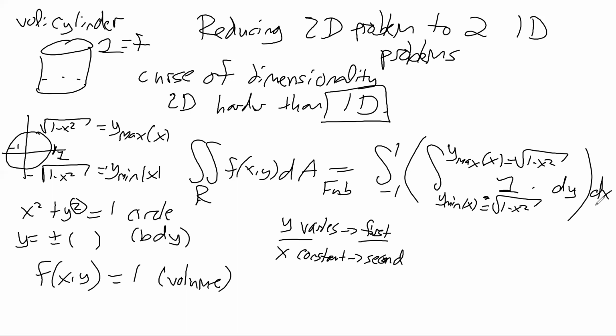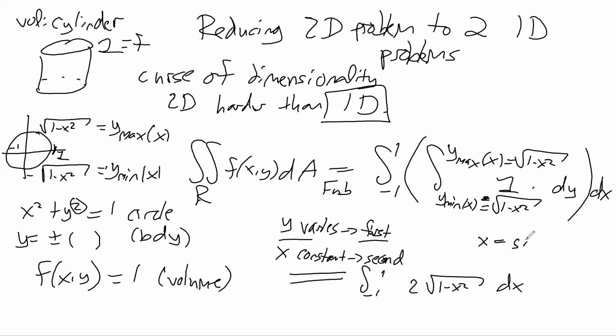And this is actually about as one-dimensional as you get. Because now, what's the integral of 1? It's just y, right? So this should just give you 2 times the square root, because you subtract that negative sign. And this one is doable, right? Because you can just use a u sub.